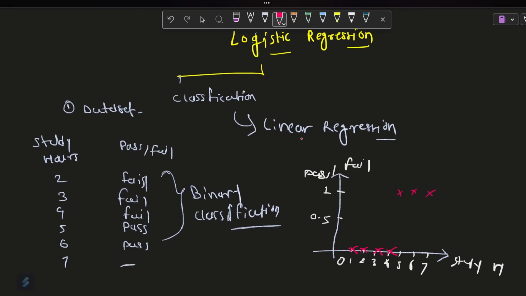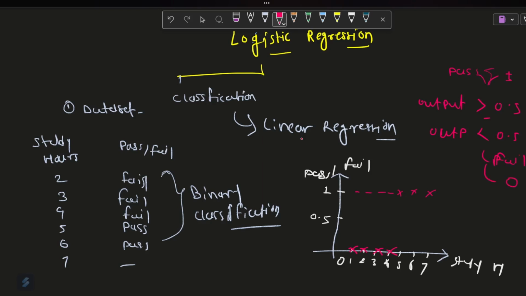So that is the line. When the output is greater than or equal to 0.5, it is a pass, or this value is 1. Similarly, when the output is less than 0.5, that is considered a failure, or output 0. That is the simple concept we will learn.